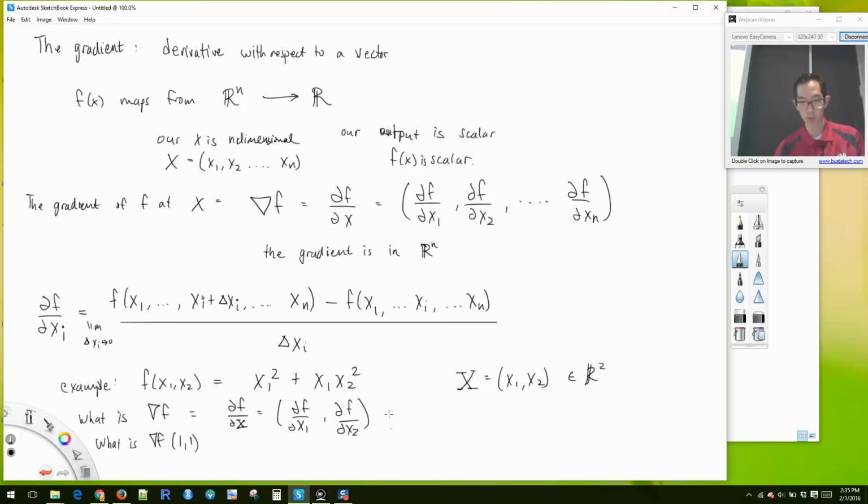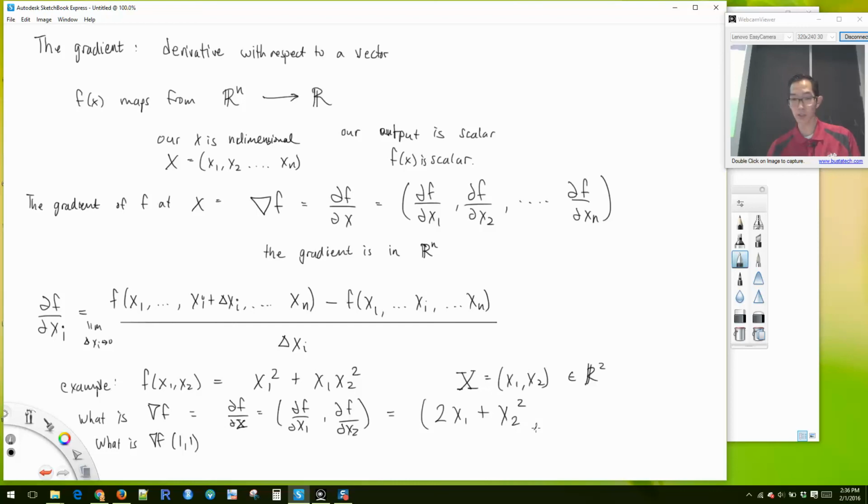Remember our resulting gradient is going to be a two-dimensional vector. What is the partial derivative with respect to x1? This would just be 2x1 plus, and this is basically just a constant here, so it becomes x2 squared.